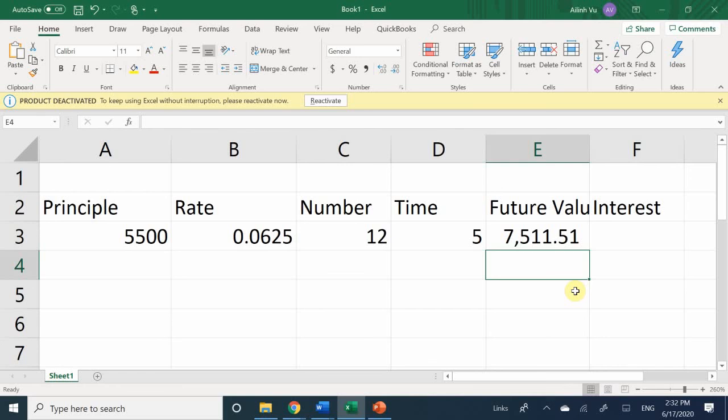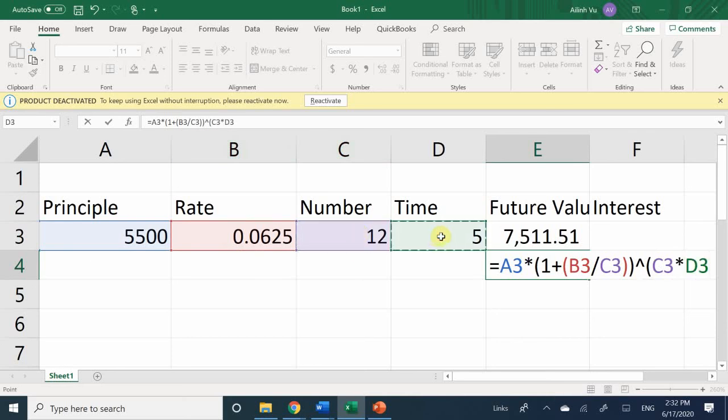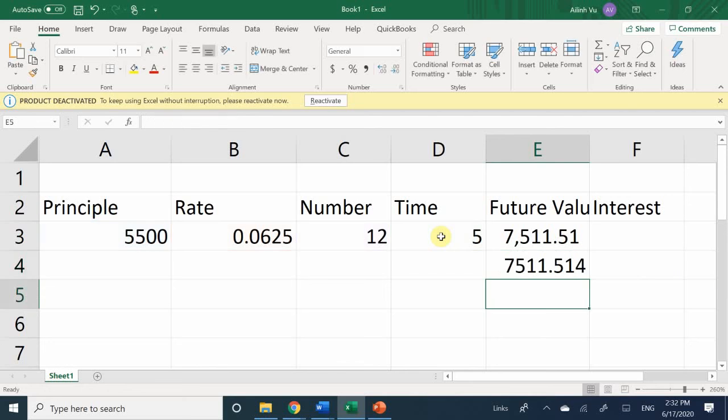So if I wanted to do the cell reference, I'm going to go equal. I'm going to click this cell reference, which was my principal. I'm going to multiply that by parentheses 1 plus open parentheses, my rate, okay, divide by my number, and then I'm going to close my parentheses, close it again, caret, open one, and then I'm going to do again 12, multiply by the 5, and then I'm going to close that parentheses, and then boom, I get the same exact number.